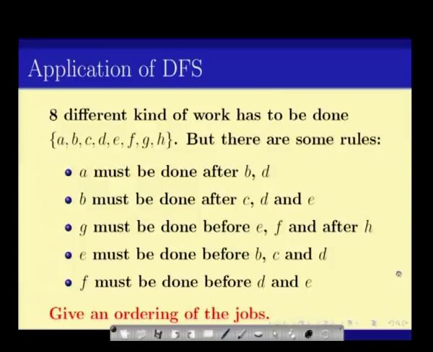Let us say job A must be done after B and D, job B must be done after C, D and E, job G must be done before E and F and after H, job E must be done before B, C and D, and job F must be done before D and E. So, give an ordering of the jobs. Give one sequence that I can follow, and I will not break any of the rules. This is a very important concept in so many things.